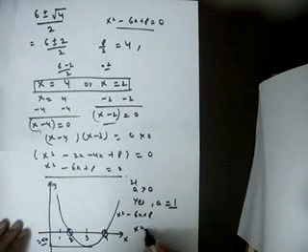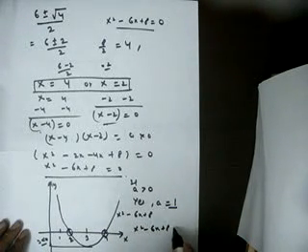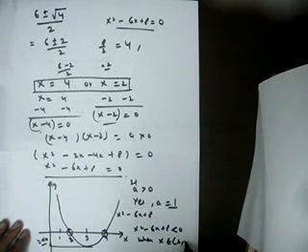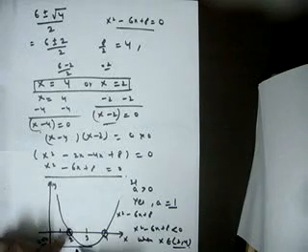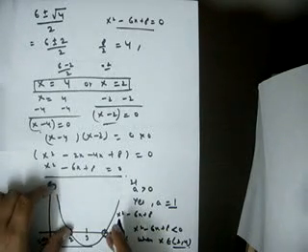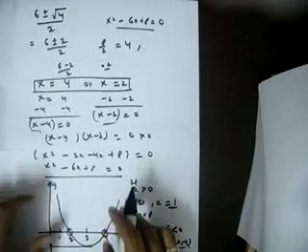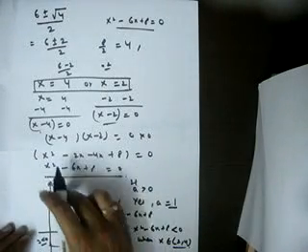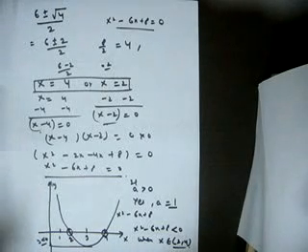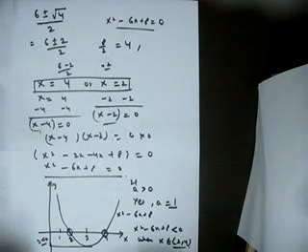So that means x square minus 6x plus 8 is less than 0 when x belongs to (2, 4), and it is equal to 0 when x equal to 2 or 4, and if x is less than 2 and x is greater than 4, then it becomes greater than 0 because y is greater than 0. So this is the graphical approach to solving quadratic equations, and this is the method which we discussed, the formula.